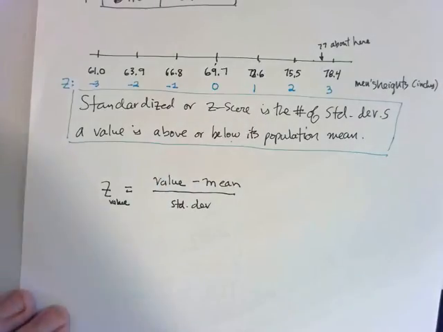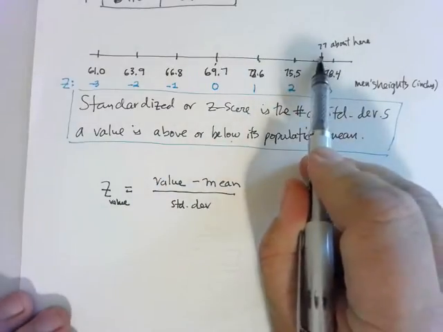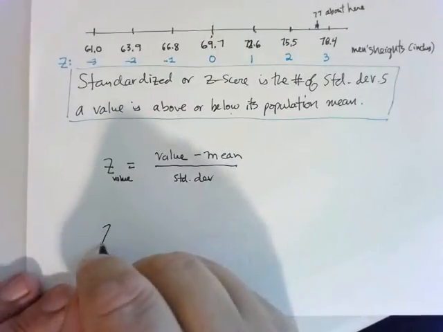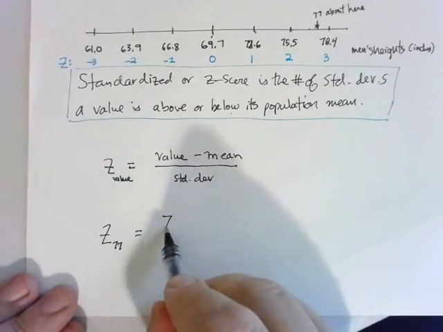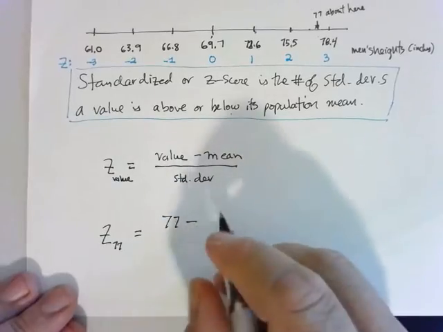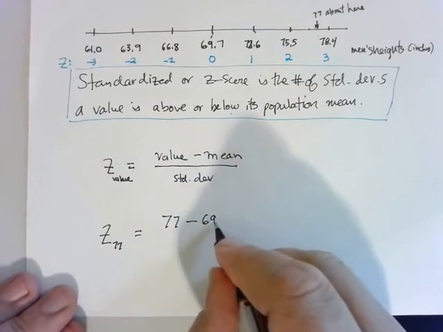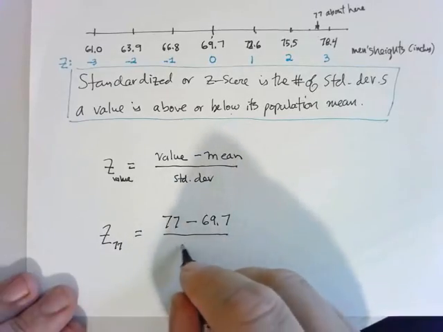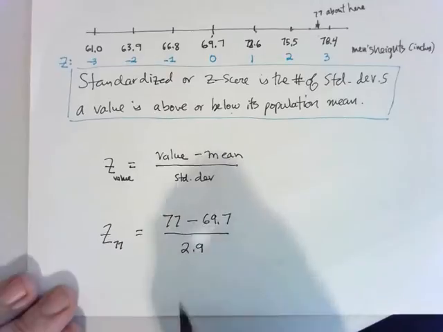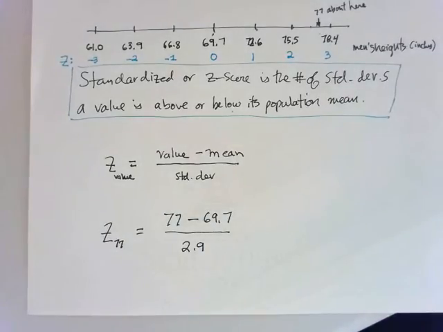2. So let's compute the z-score for 77 inches up here. So the z for 77 is 77 minus the mean, 69.7, divided by the standard deviation of 2.9. And I get up my calculator. 77 minus 69.7.